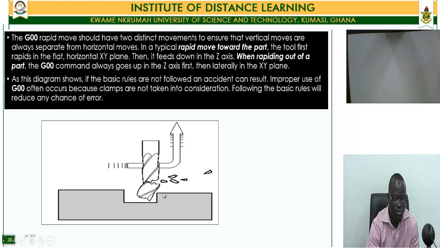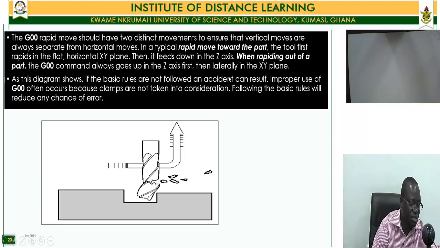So for instance, if the tool is, let's say, in a cavity here and you want to move the tool, the ideal scenario is to move the tool vertically up and then away from the cavity. So if you issue a command XYZ, the command will move the tool away. It will first execute the Z movement, and then the rest will be the XY movement, and it will not be cutting any material.